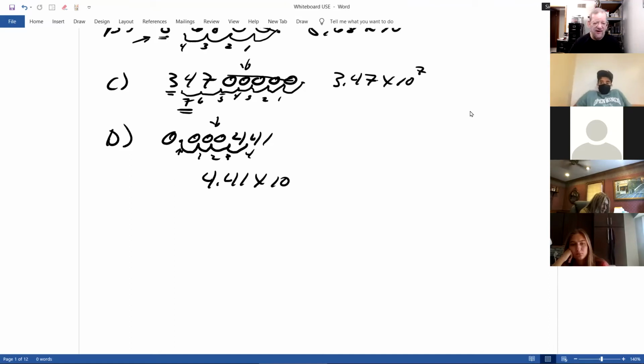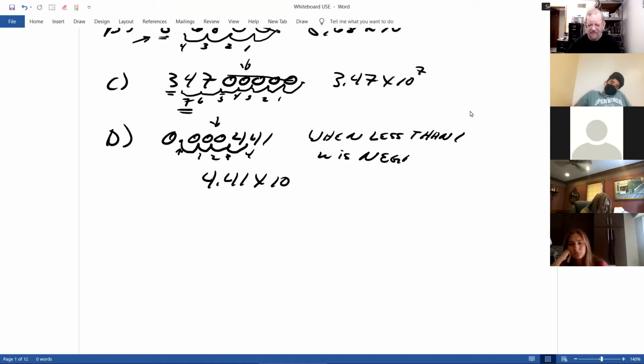When the number is less than 1, n is negative. So we moved it 4 times, but now we put a minus sign, making it negative. So it'd be 4.41 times 10 to the minus 4.